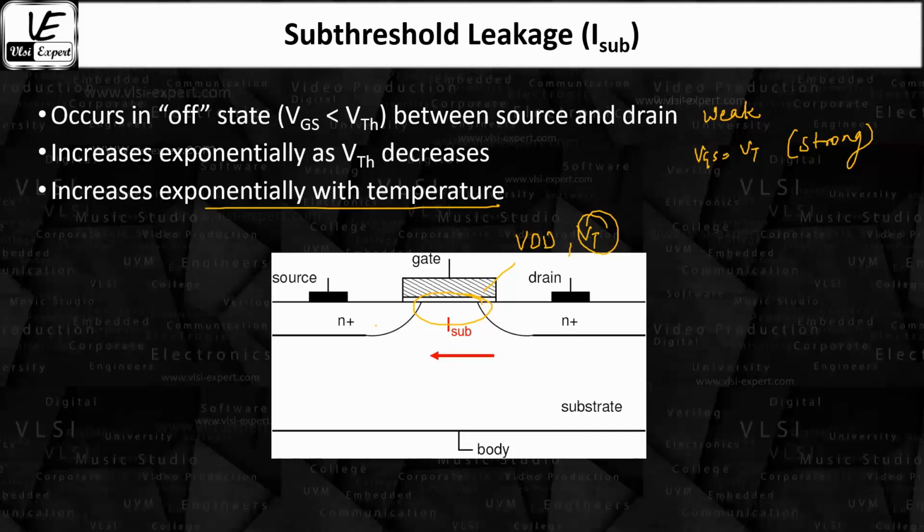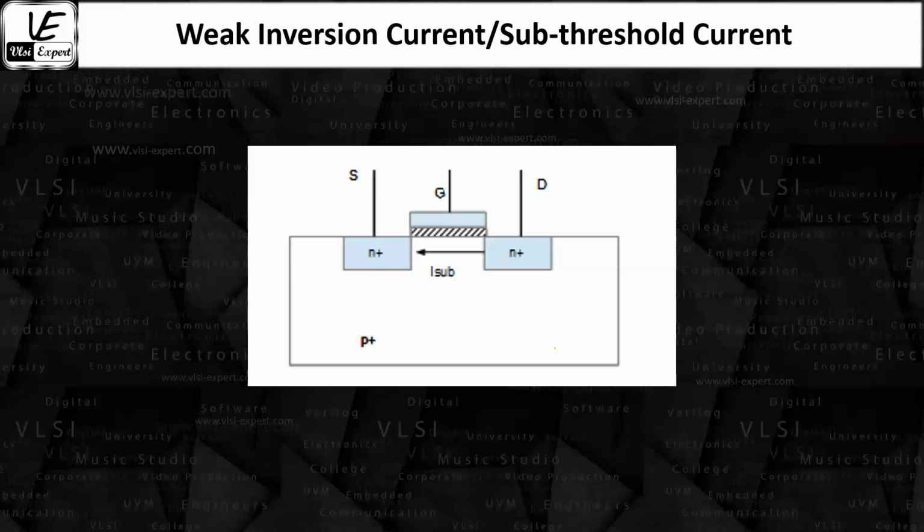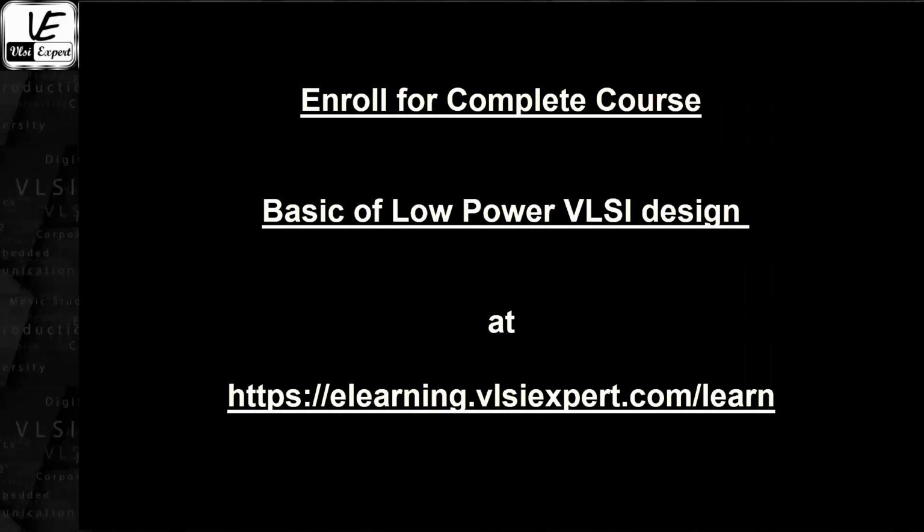Because of this, the charge carriers gain sufficient energy, and some of them easily move from source to drain, and as a result this leakage current flows in the off state. Now this weak inversion current, or subthreshold current, arises due to the inversion charges that exist at gate voltage below the threshold voltage, like I already told you. So a complete surface channel is not formed, but some charge carriers gain energy and move from source to drain.